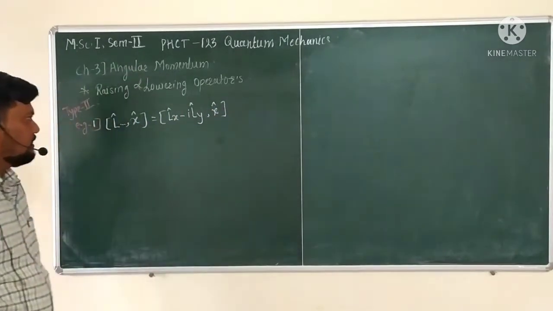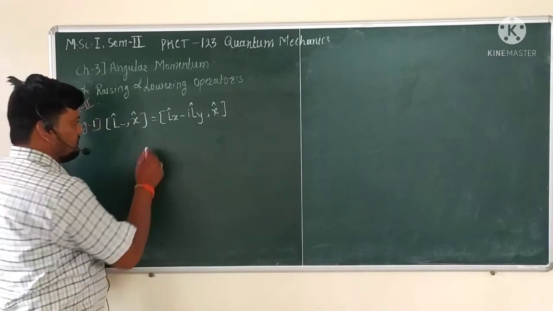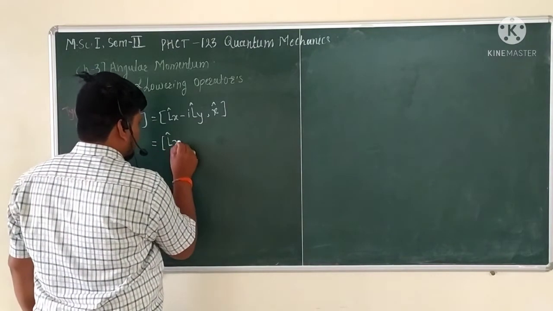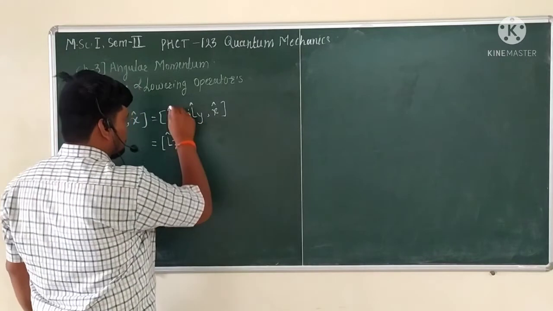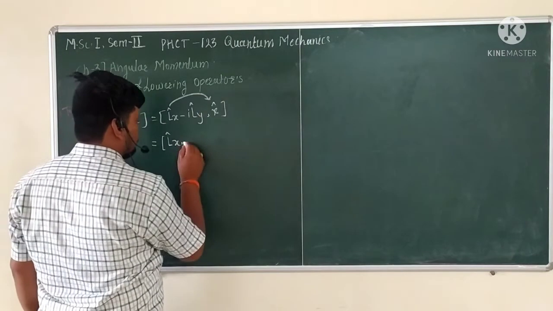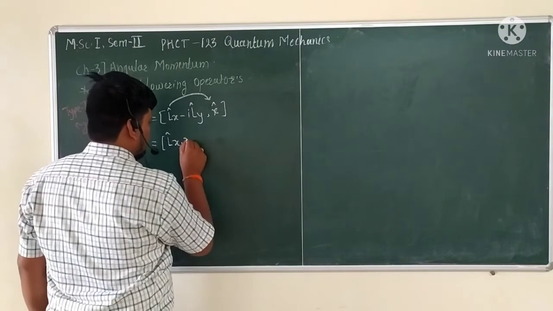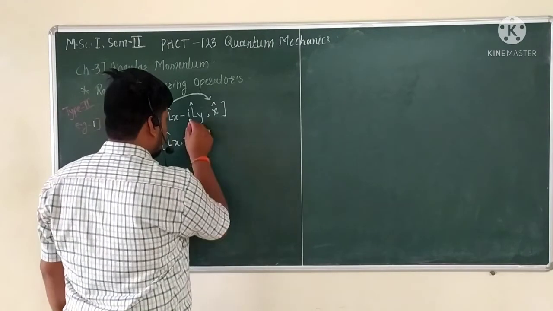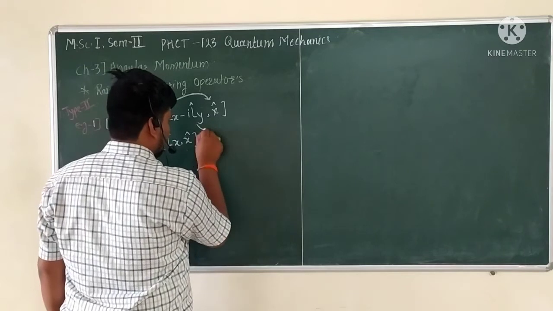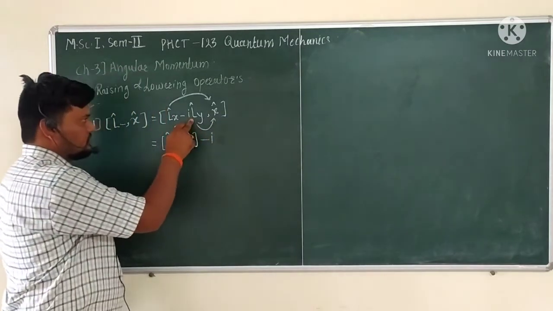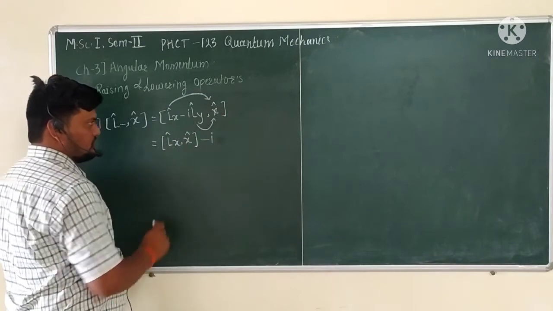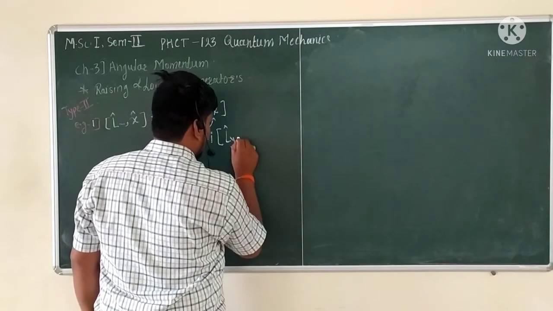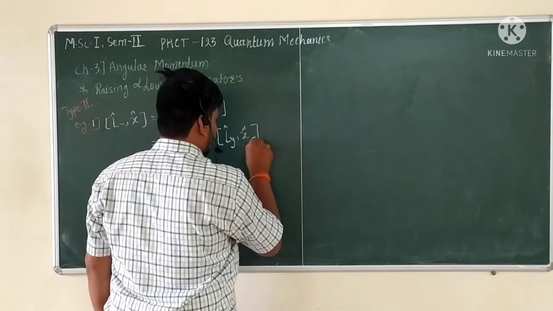If you solve this commutator bracket, what happens? Lx cap commutes with x cap, so that is the bracket Lx cap comma x cap. The minus sign is there, so minus I is taken outside, and Ly cap with x cap gives the bracket Ly cap comma x cap.